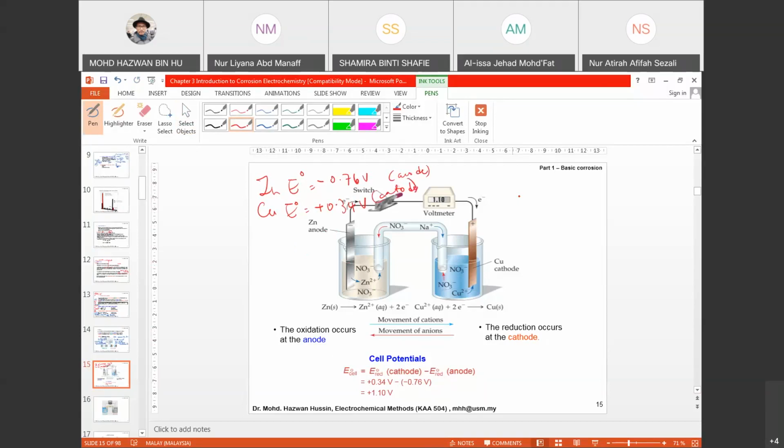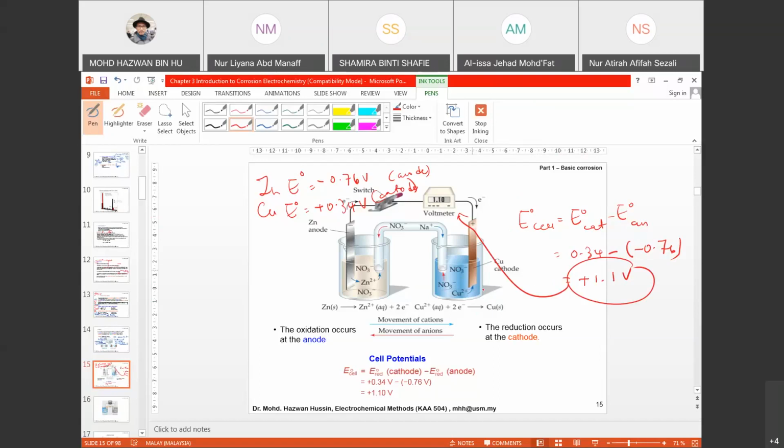The overall cell potential formula is E naught cell equals E naught cathode minus E naught anode. So we just substitute the values: 0.34 minus minus 0.76, then you will get the answer positive 1.1 volt. This is the overall cell potential that you obtain.